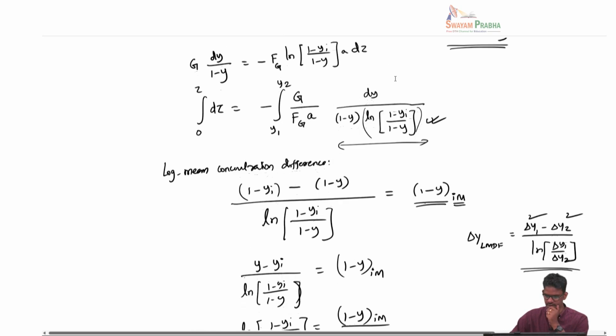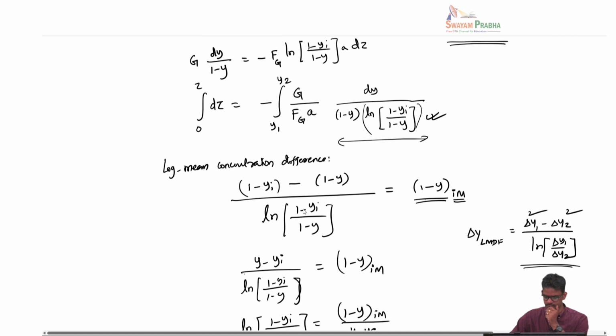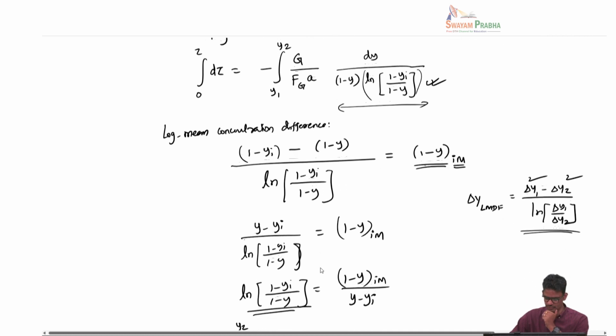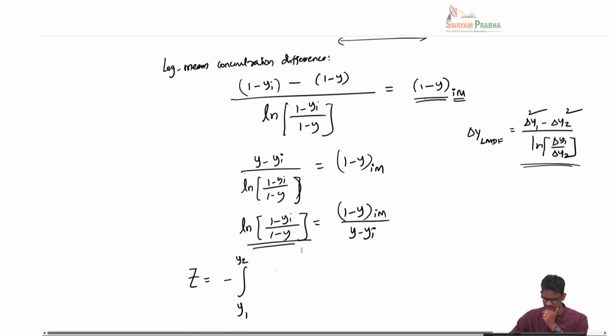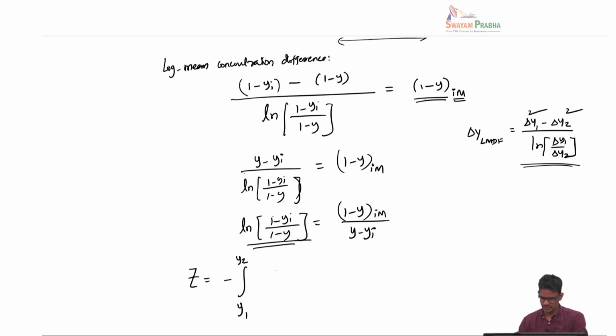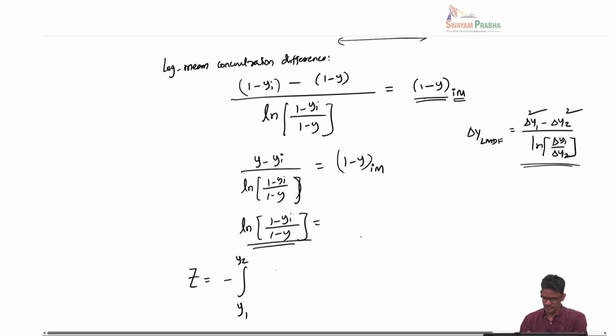Here, just below. Okay, so here you are saying y minus yi, next line. Okay, so this comes, yeah, good, thanks. So we are going to write this as (y minus yi) by (1 minus y)lm. Is it right? Yeah, okay, thanks.